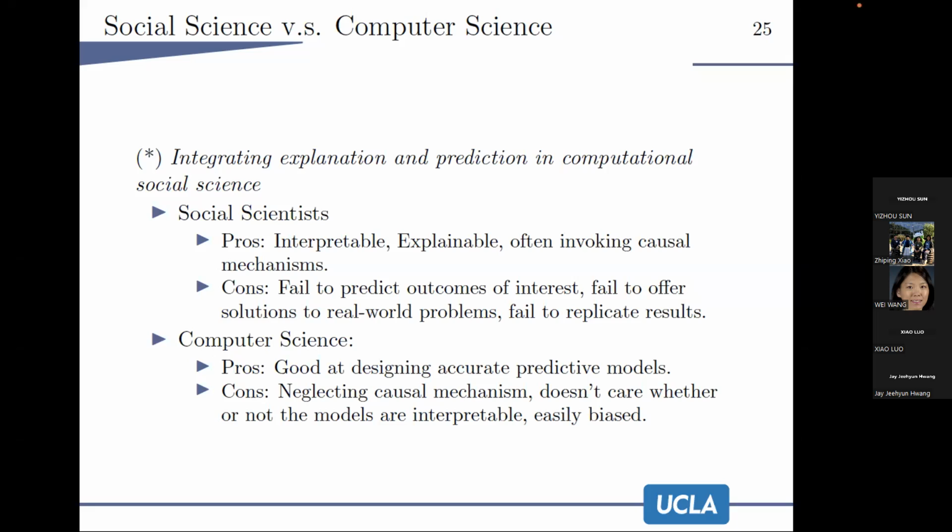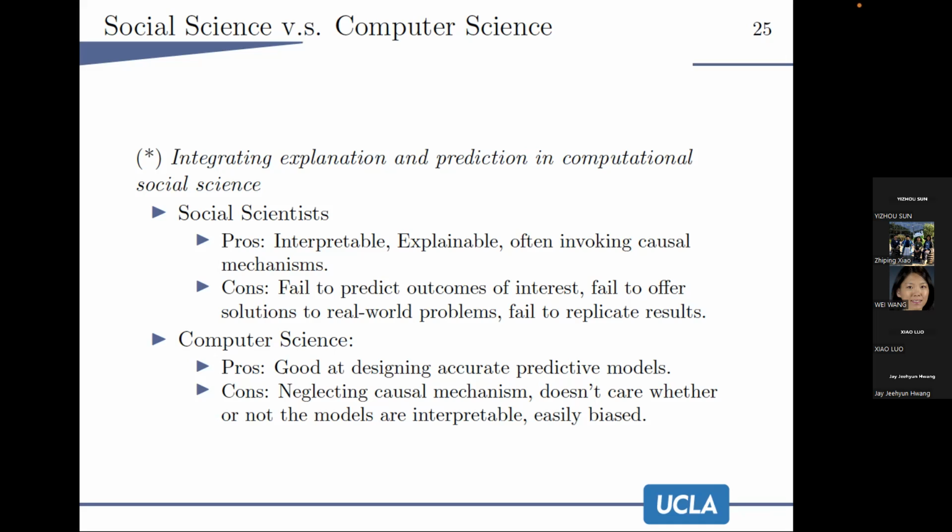It's quite often seen in their work that they say this factor caused something and that factor caused something else. But they sometimes fail to predict the outcome of interest. They fail to offer real world solutions. And because some of their works are based on very limited observation, it's not easily scaled up to a very large scale, so they sometimes fail to replicate results when we change the settings.